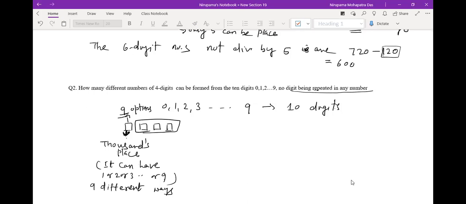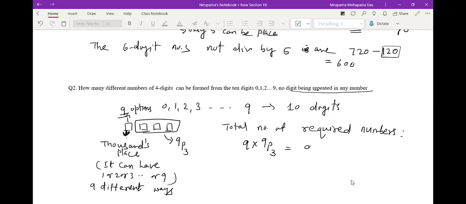That means you can have 9 choices here. The remaining 9 digits and 3 places. So these 3 places and 9 objects. So 9 objects can be arranged in 3 places. So the total number of required numbers, that means 4-digit numbers, is 9 into 9P3.